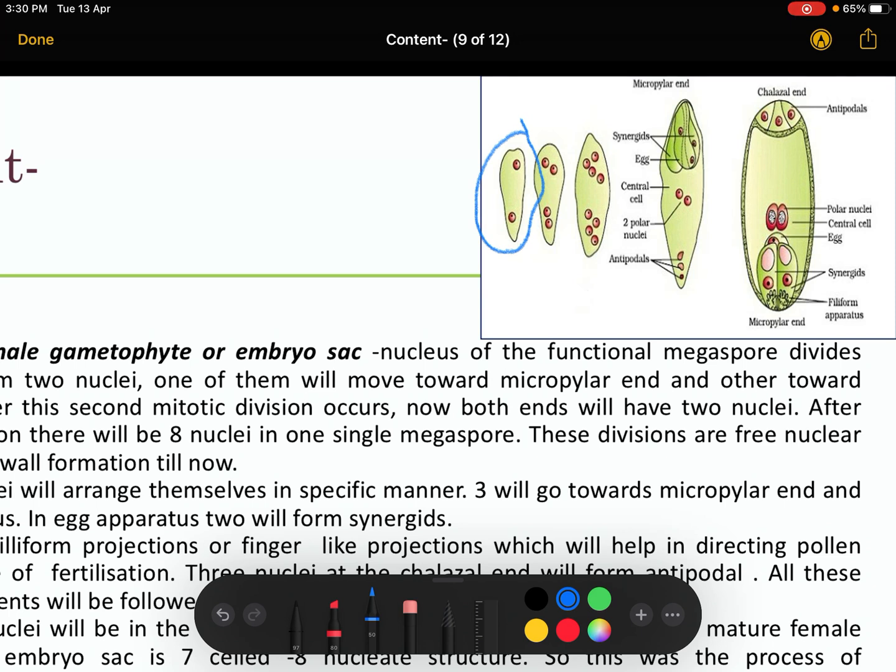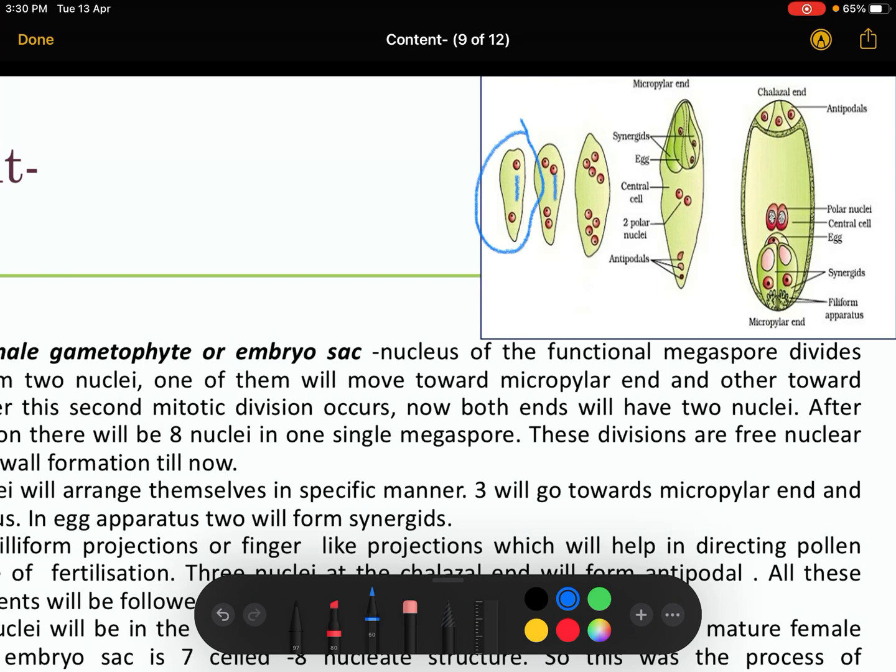After division, you can see here there are 2 nuclei. It is after mitotic division, not meiosis. Here only mitosis will happen, not meiosis. One nucleus of the functional megaspore is dividing into 2 nuclei by mitosis.